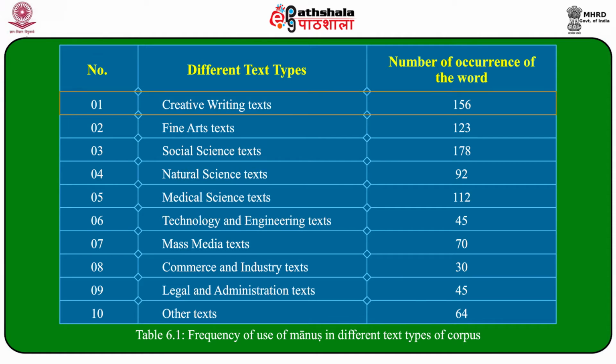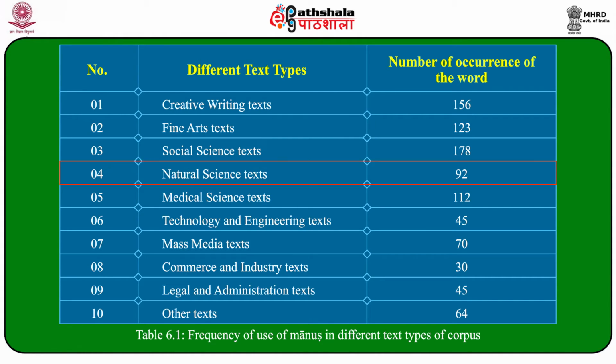And we found that Manus and Lok have more occurrences than Vyakti. Now we need to understand why Manus and Lok are more frequent than Vyakti. Even if we compare the two, Manus and Lok, we find that the word Lok is more frequent in the language than the others.